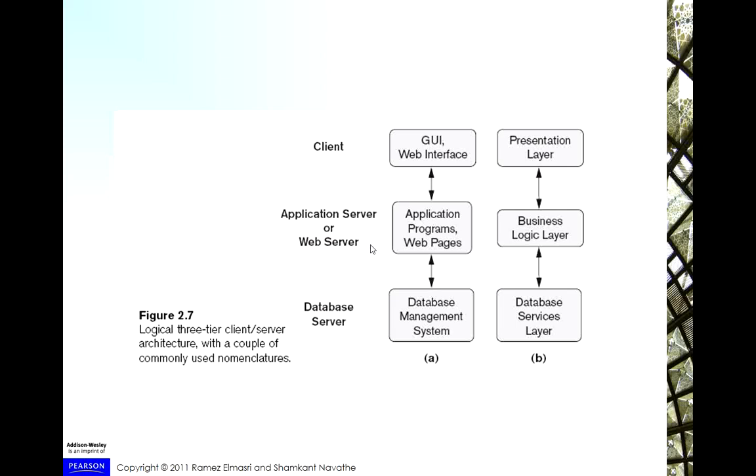Both of them need what is called an application in between in order to communicate. This could be an application program, web server, or business logic layer in the case of business applications.